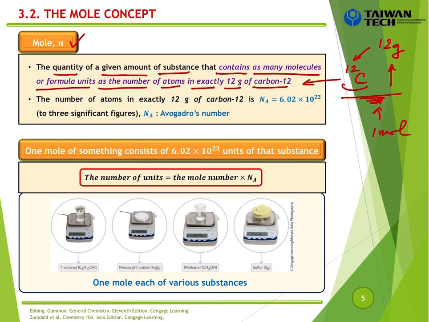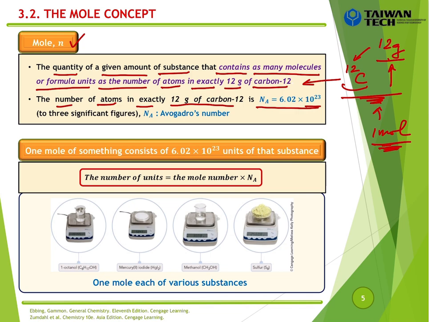So it means that if we consider 1 mole for any substance, the same number with the number of atoms in 12 grams of carbon 12. And the number of atoms in exactly 12 grams of carbon 12 is NA equal to 6.02 times 10 power 23.